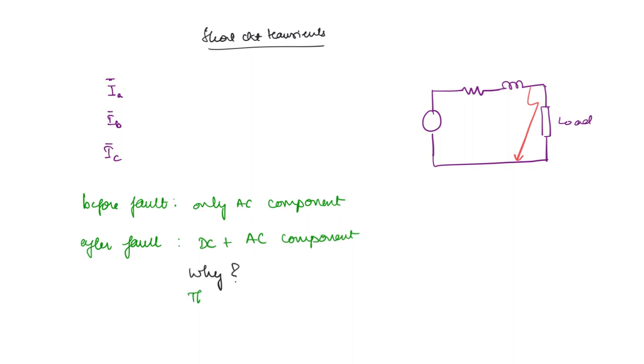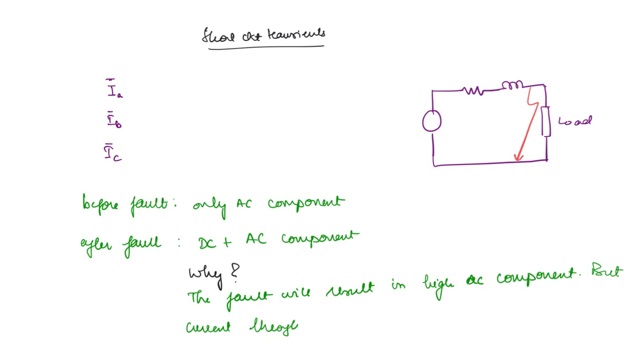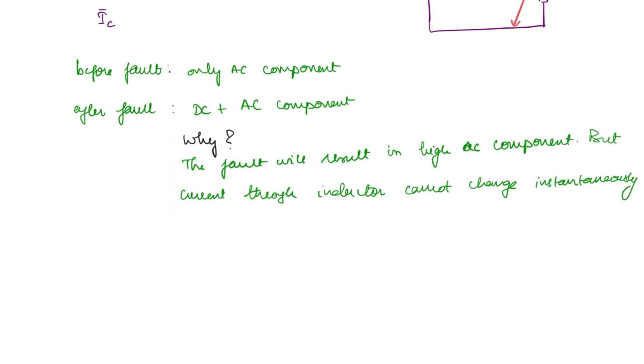You can write: the fault will result in a high AC component, but current through the inductor cannot change instantaneously, so a DC component comes into the picture.